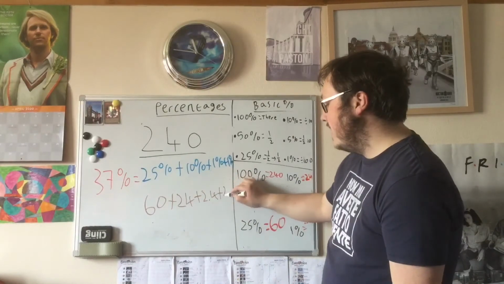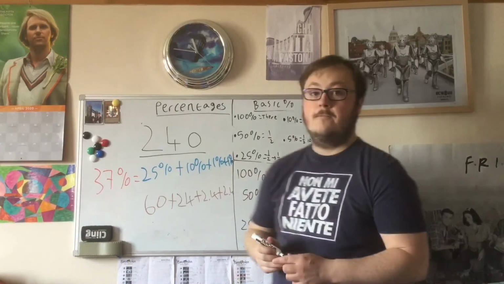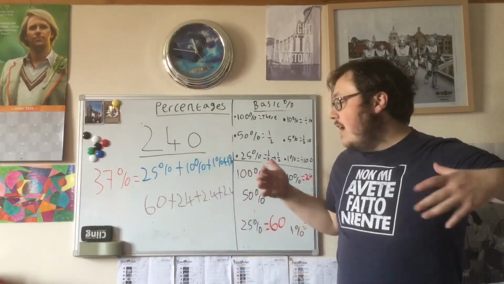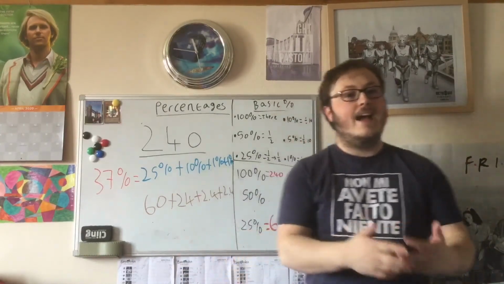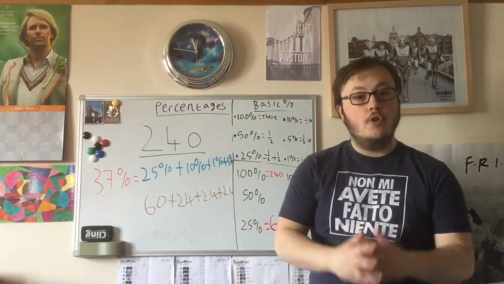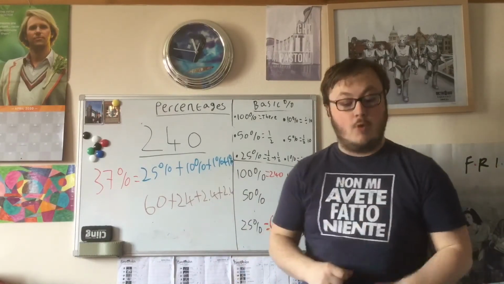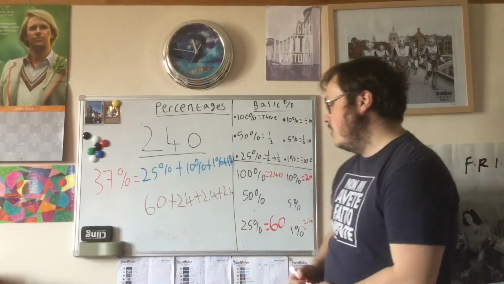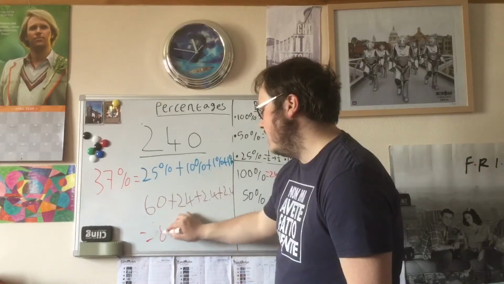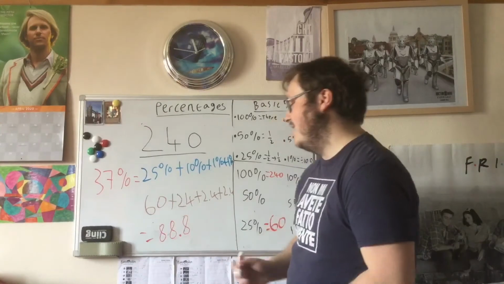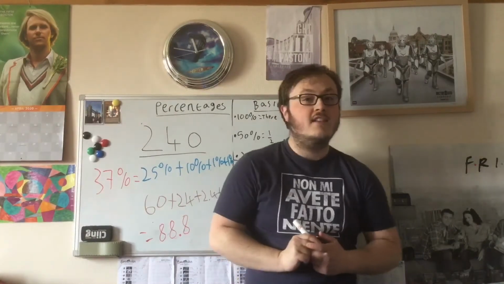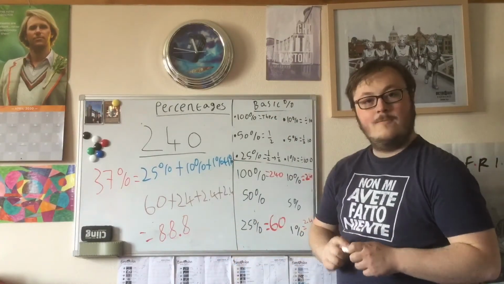Add 1% again, which is 2.4 again. And now we add that all together. 60 add 24 is 84. Add 2.4 is 86.4. Add another 2.4 is 88.8. And that is what 37% of 240 is.